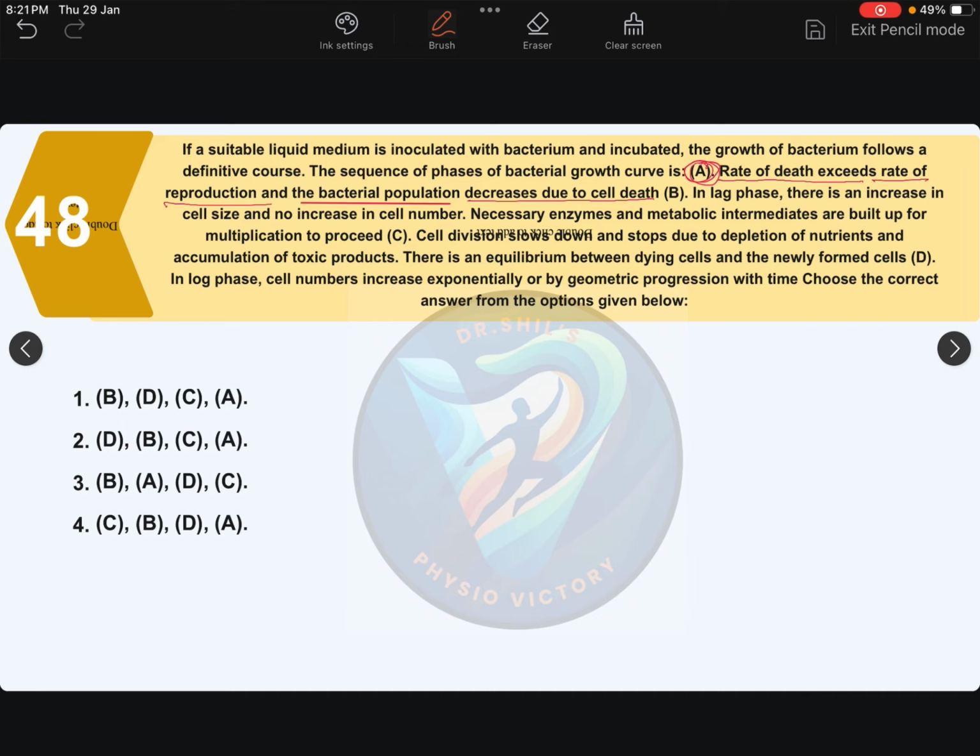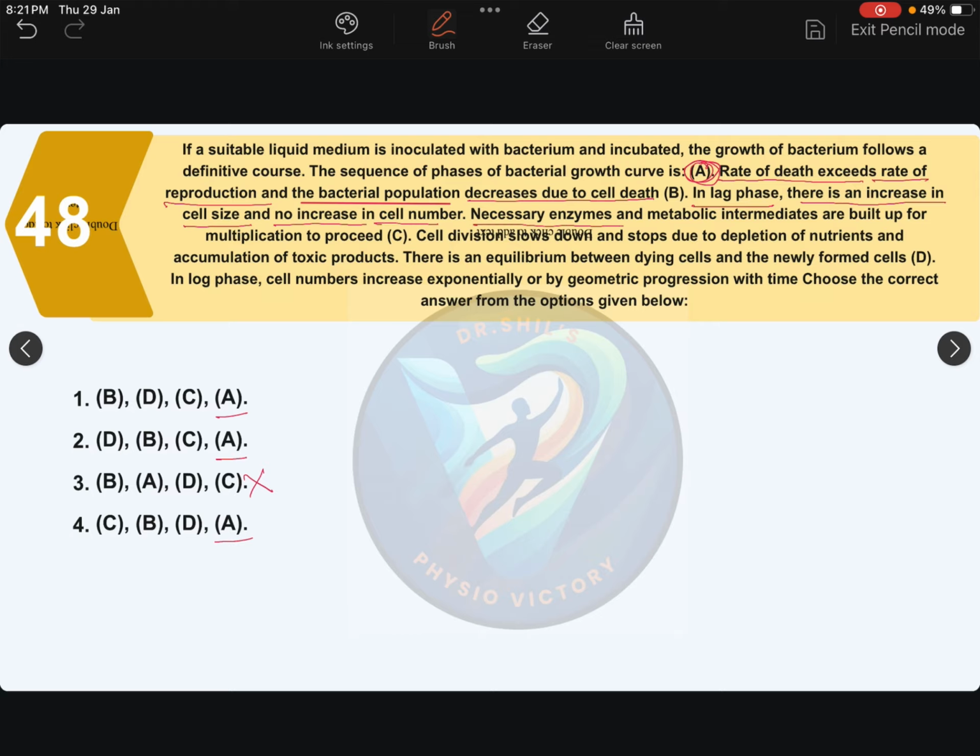तो हम लोग देखेंगे ये सबसे लास्ट में किस किस में, ये तीनों में है, तो ये रूल्ड आउट हो गया. उसके बाद ऑप्शन बी, इन लैग फेज देयर इज एन इंक्रीज इन cell size and no increase in cell number.